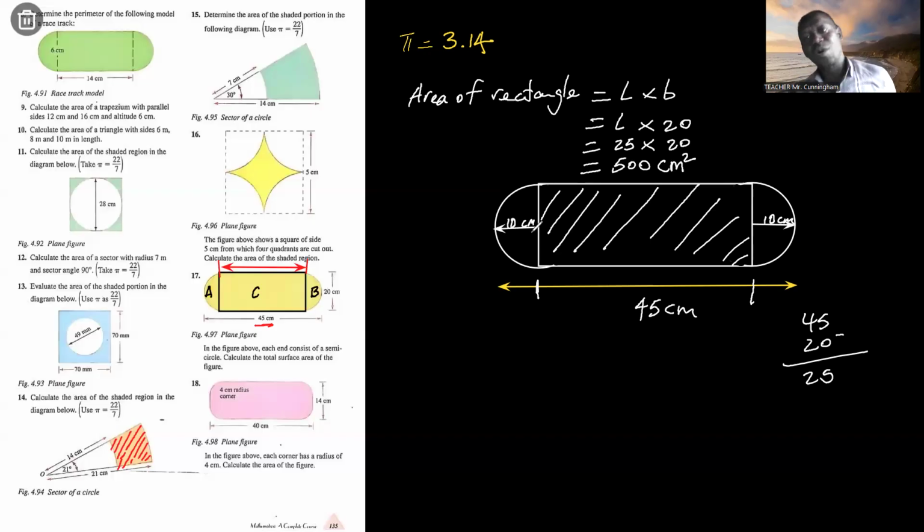While you're finding the area, you could either find the area of the semicircle or you could just find the area of a circle. What is the formula for the area of a circle? Pi multiplied by radius squared. We're using pi as 3.14.